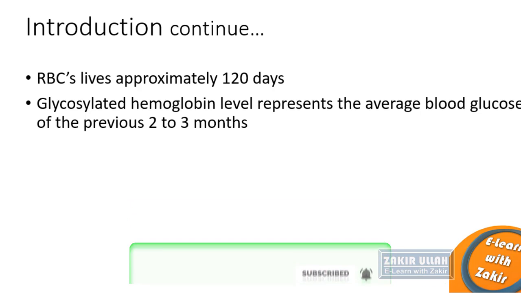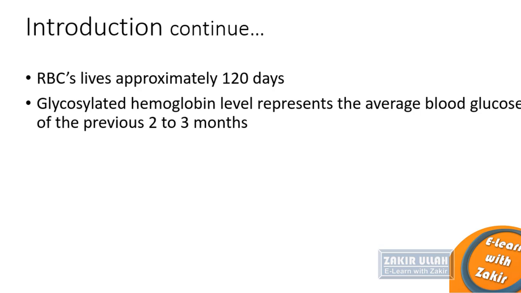So the glycated hemoglobin level represents the blood glucose level of the previous 2 to 3 months, or we can say from 8 weeks to 12 weeks, because during the lifespan of red blood cells, glucose molecules attach to the RBCs.